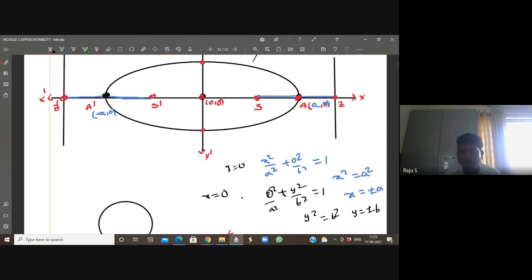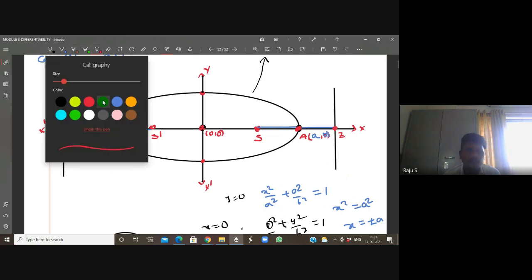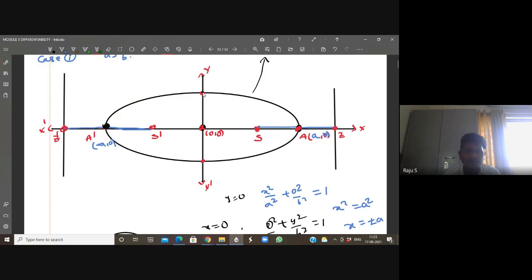So the points of intersection on the y-axis are 0 comma b and 0 comma minus b.